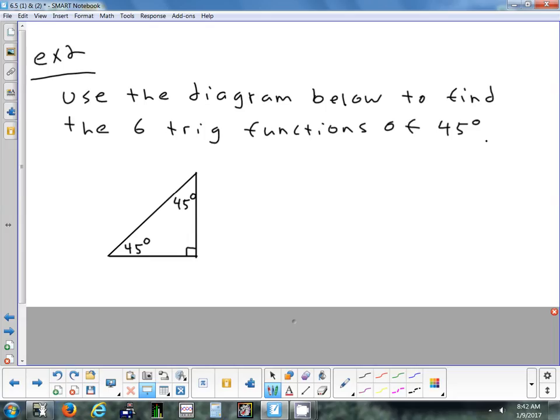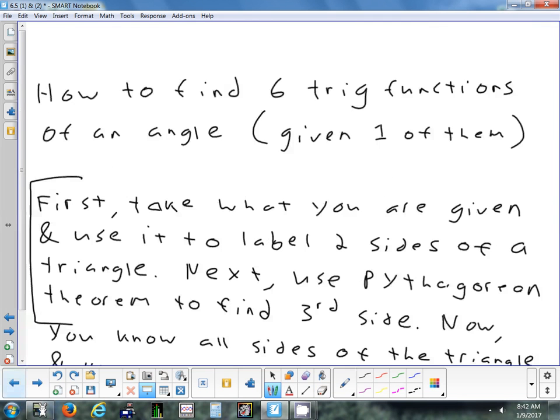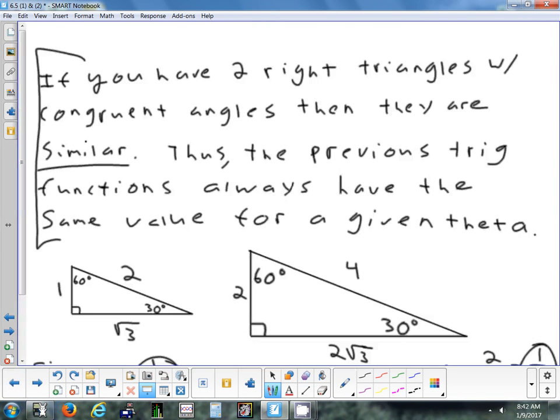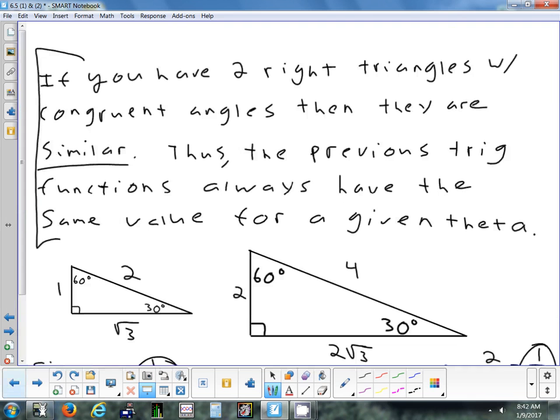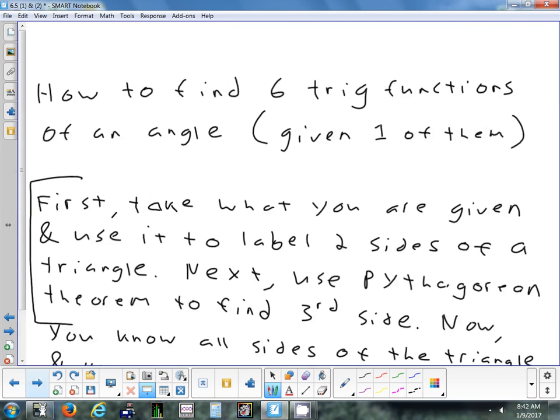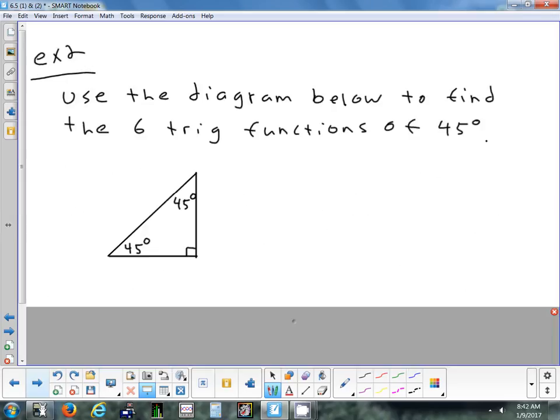No. We saw earlier that you can use larger or smaller versions of the same triangle, and this doesn't matter. Okay, so I just need somebody to give me numbers here for the sides, but they can be any size you want as long as they are correct for a 45, 45, 90. So what would be some easy numbers to work with?